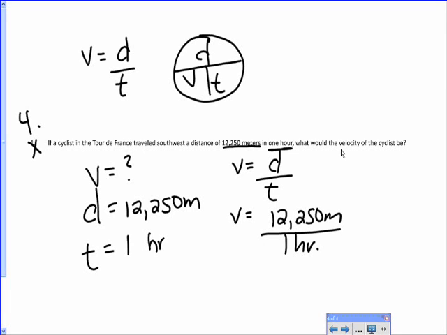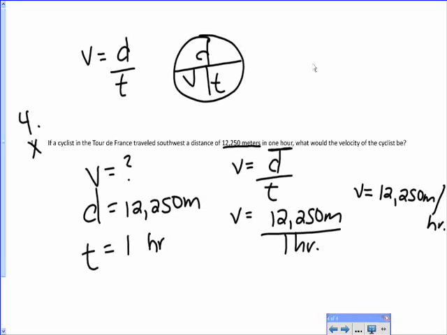And once you put that in your calculator, it's 12,250 divided by 1. So that means your speed is going to be 12,250 meters per hour. Okay? And if you wanted that in seconds, remember, you would just convert the hour to seconds if they asked you to do that. So this is going to be the velocity of our cyclist.